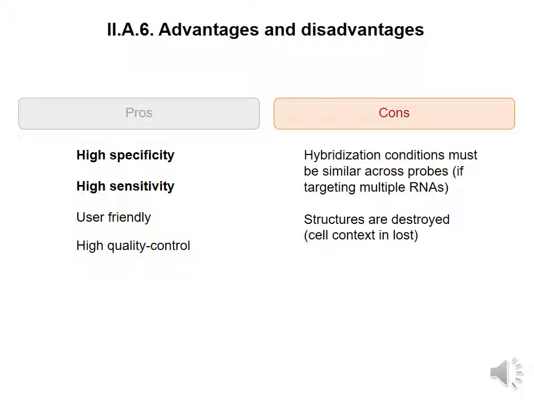And obviously the structures are destroyed, so then you lose cell context. But other than that, this technique is really specific and very sensitive, and is definitely user-friendly with high quality control, and it's accessible to many labs, so you can do qPCR in pretty much any lab where you want to determine the transcription changes in different samples for a certain number of genes.